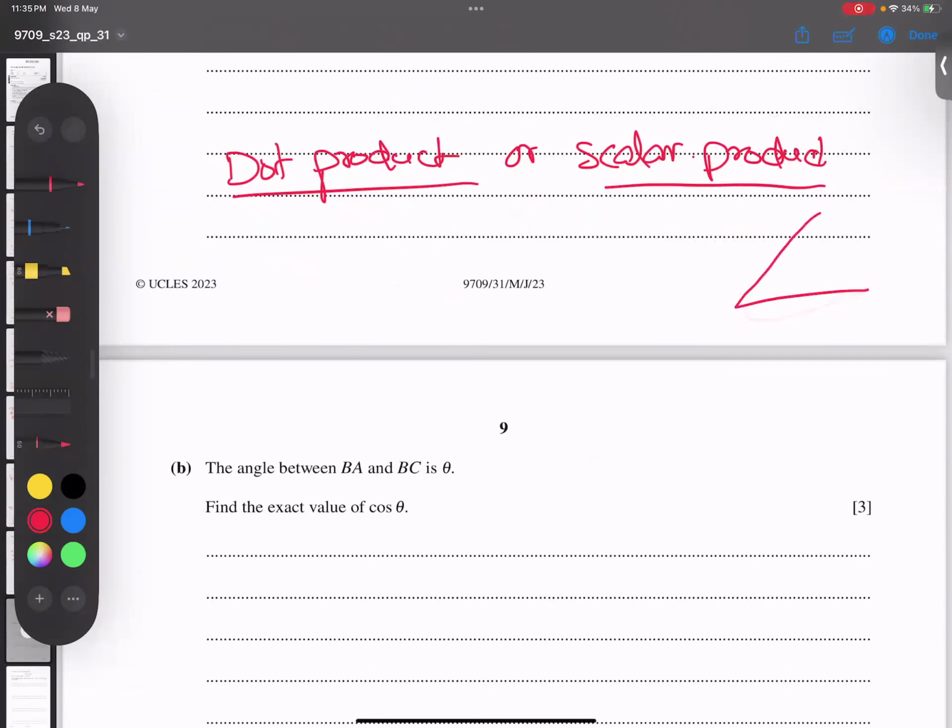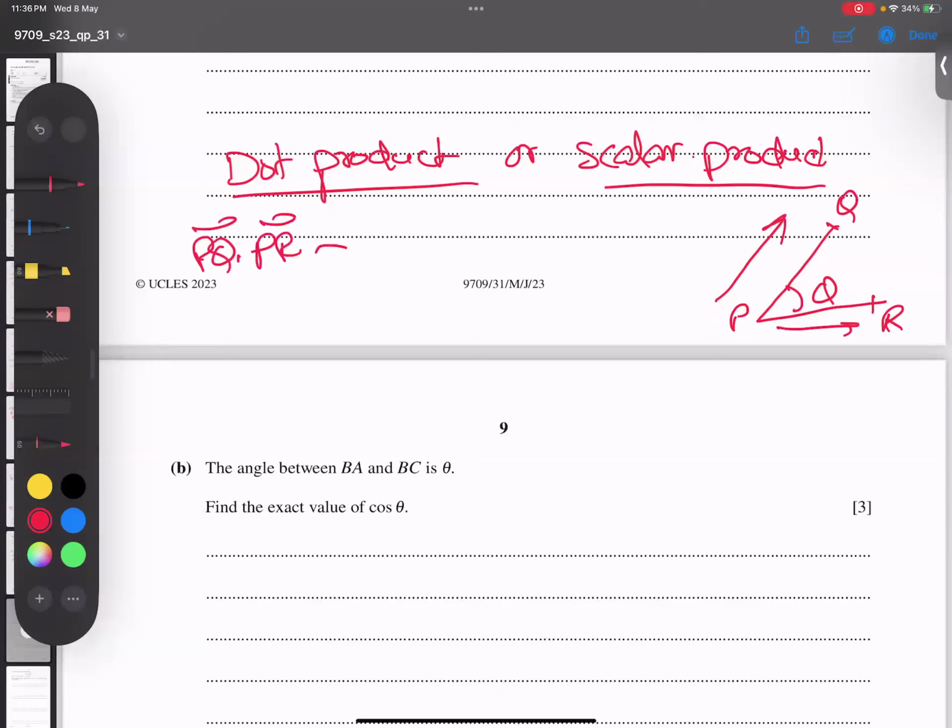If I have two vectors like this, for example P, Q and R, and this angle. So PQ, PR, starting point common. So PQ dot PR equals PQ magnitude times PR magnitude times cos of the angle between them.